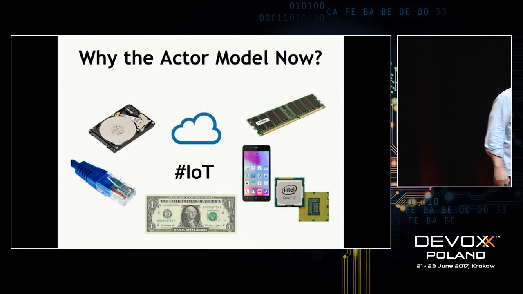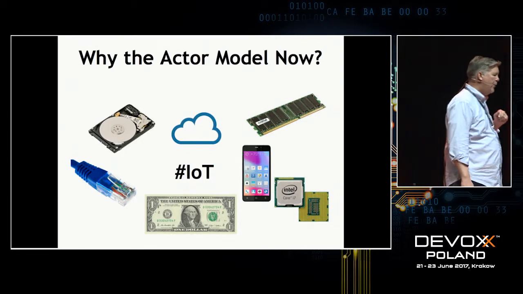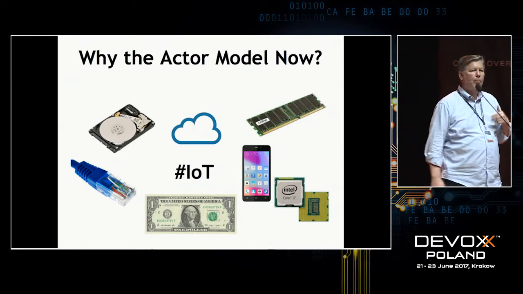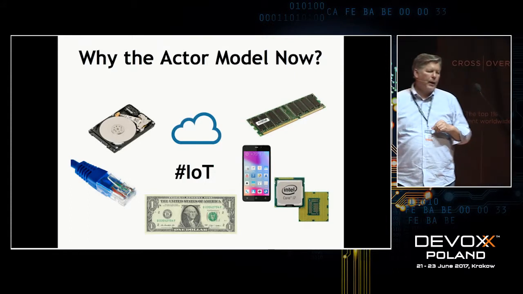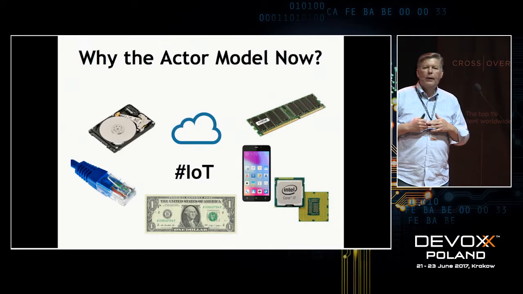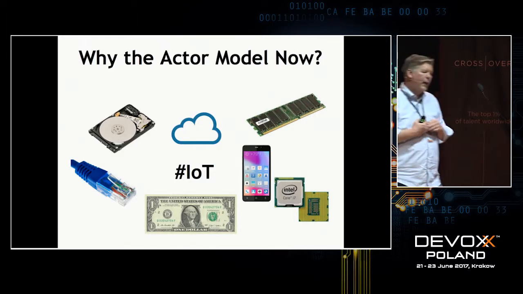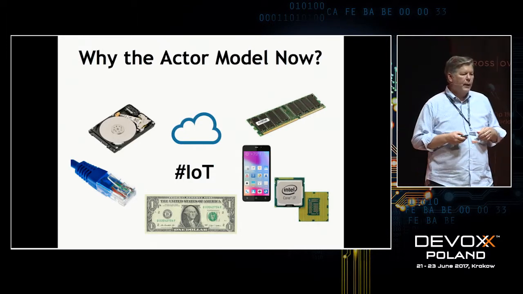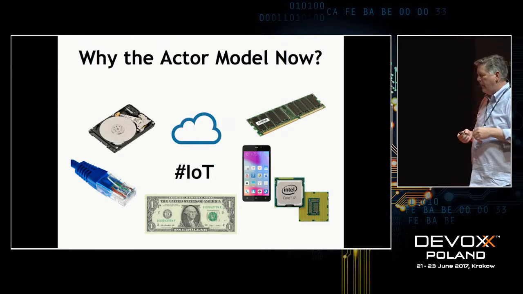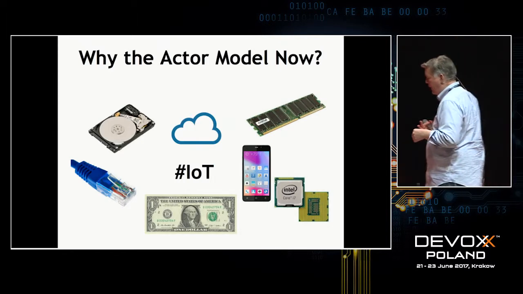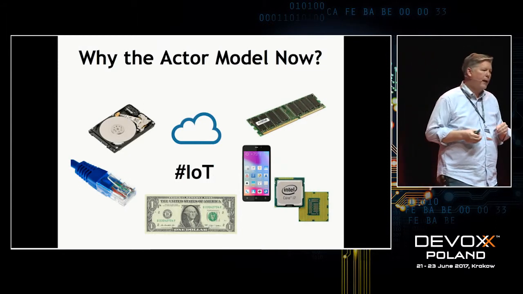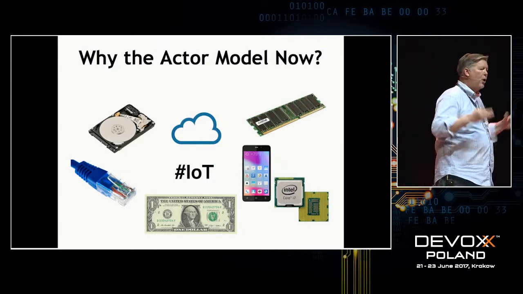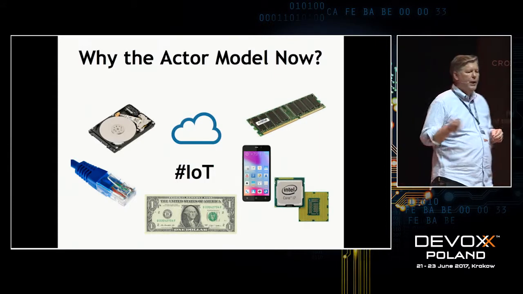Even though we know that networks in general are not reliable, there are still networks that are much, much more reliable than we've been used to in the past. The fact that Internet of Things matters these days and will probably continue to grow in usage, where there will be many billions of connected devices, and all of these things are basically cheap.